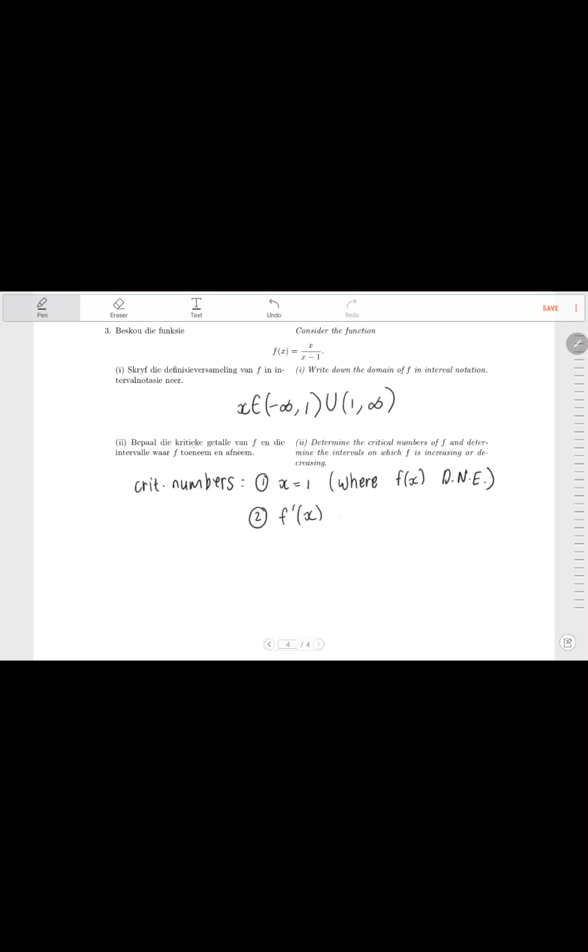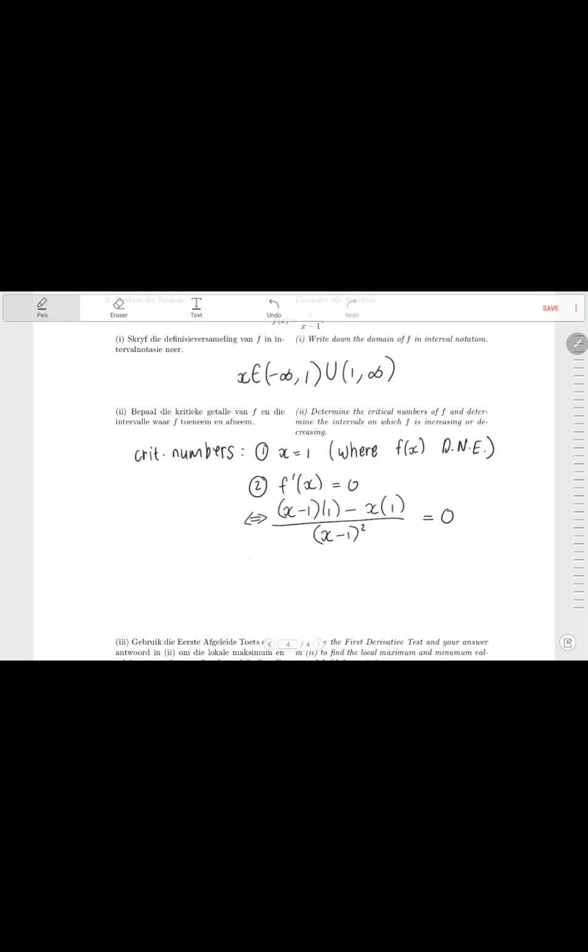Secondly, we have to look at the derivative. So when is the derivative equal to 0? So let's first find our derivative. It's going to be the bottom multiplied by the derivative of the top minus the top multiplied by the derivative of the bottom, all over the bottom squared. So this is going to be equal to 0 if our numerator is equal to 0.